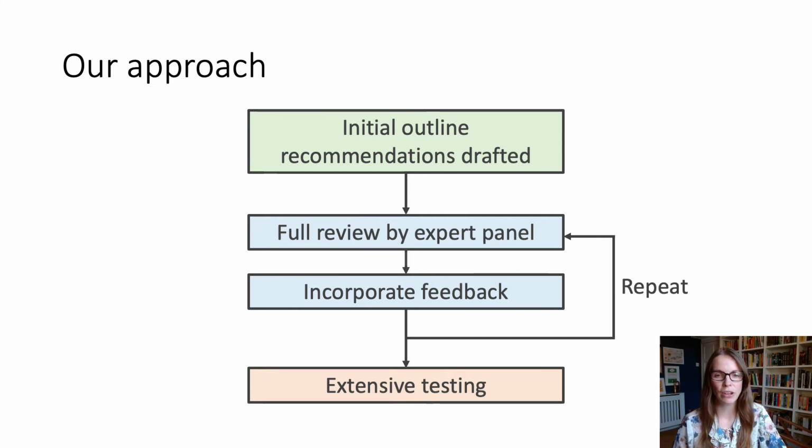We initially drafted some recommendations, going through each rule in detail and deciding how it needed to be adapted to work for non-coding region variants. Then we took this document to the full expert panel, who reviewed it in detail, and we had a series of review calls, incorporated their feedback and repeated this process.